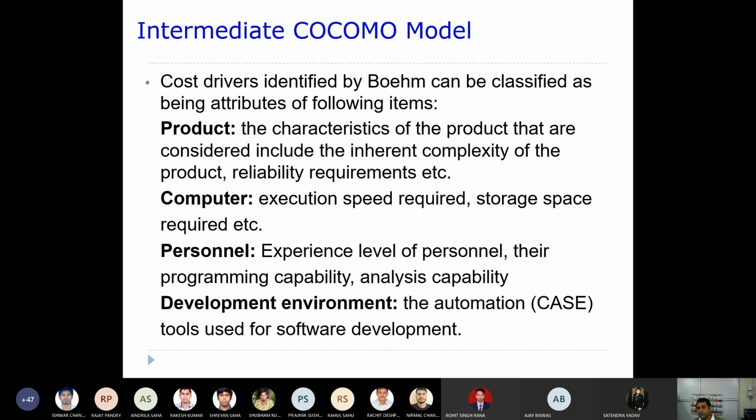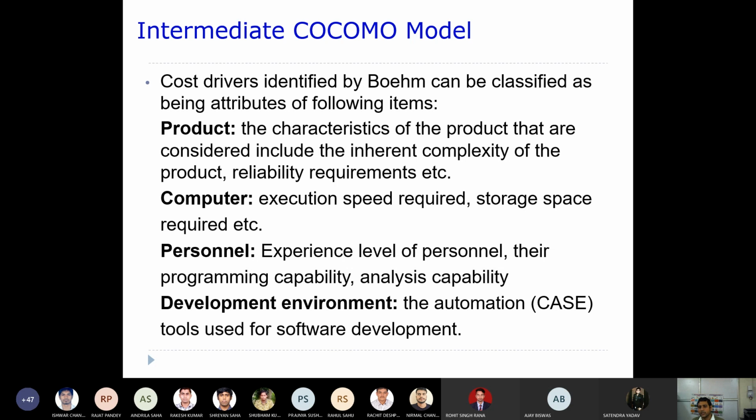And storage also: if you have a large physical memory, maybe 8 GB RAM, you will be able to run your programs much faster because your data structures can be managed nicely, since you have enough space. So if you are using a better computer, that will also reduce the effort.